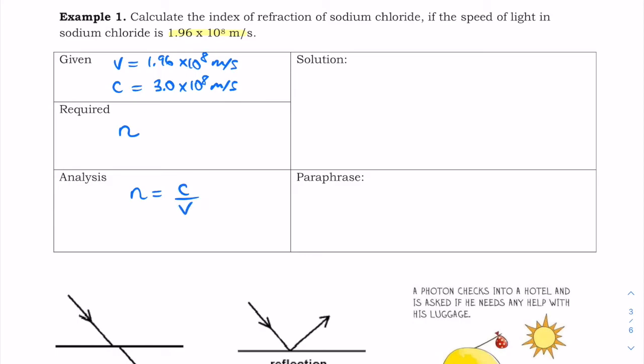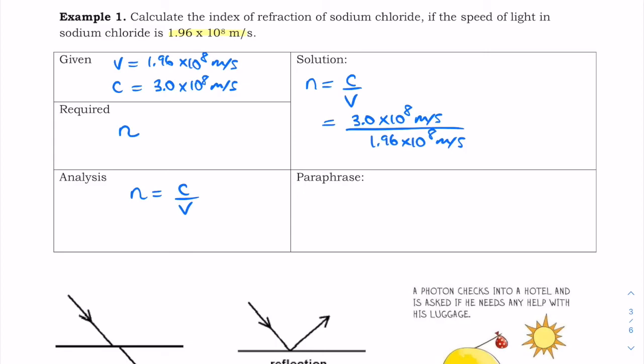And now we do a solution. So n equals c over v. Please go ahead and substitute. So for c, we plug in 3.0 times 10 to the 8 meters per second divided by v, which is 1.96 times 10 to the 8 meters per second. And this is a job for your calculator now.